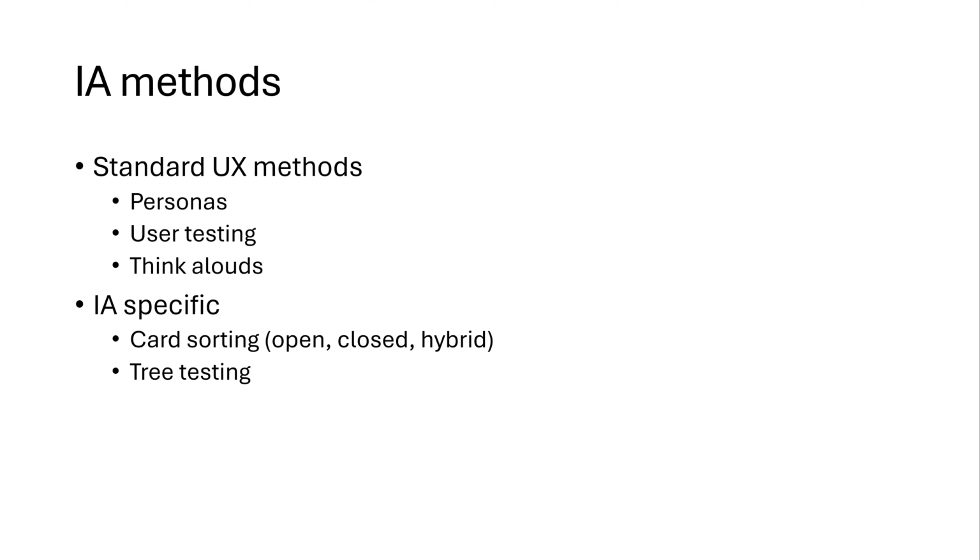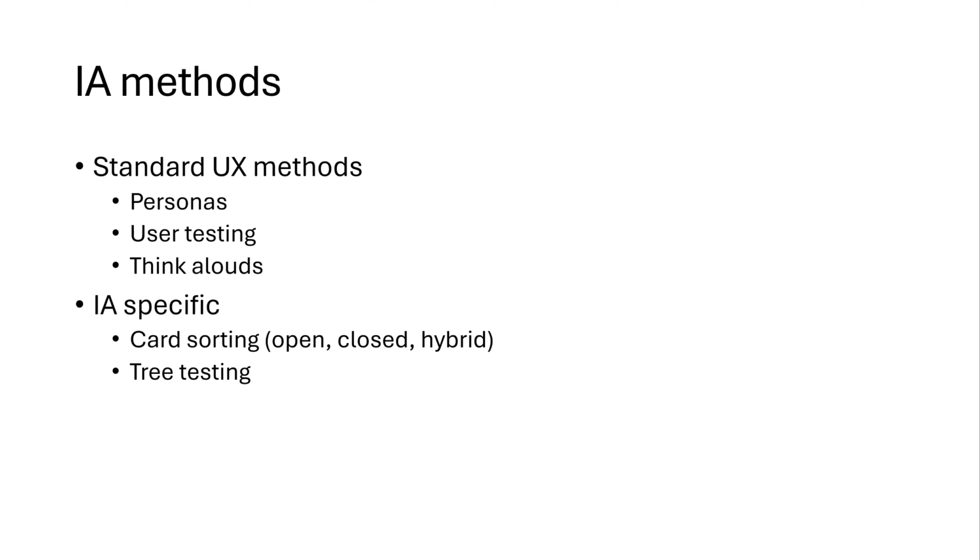A closed sort is when some aspects of that card sorting hierarchy are fixed. So you might fix that top level and then you want to know where they're going to put all the sub elements. Or you can have a hybrid approach, which is typically what I prefer to do, because you can have it both ways in essence. So that can be an interesting approach.